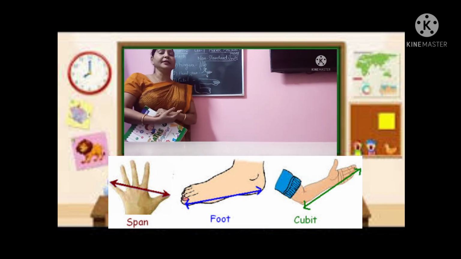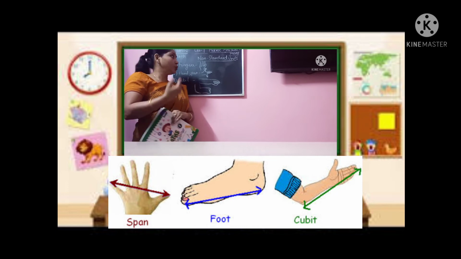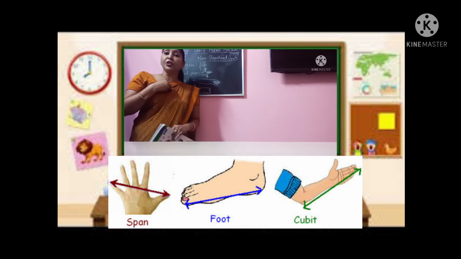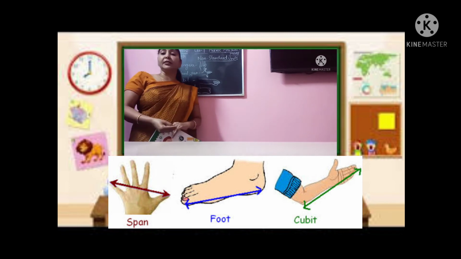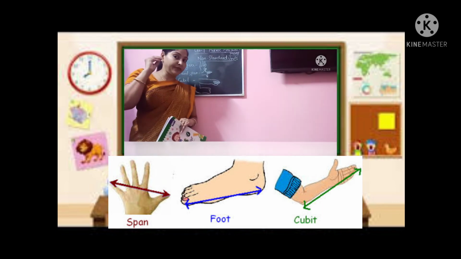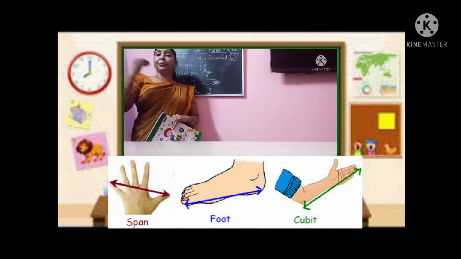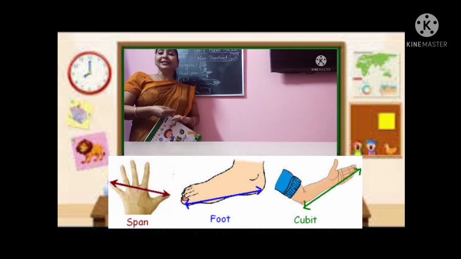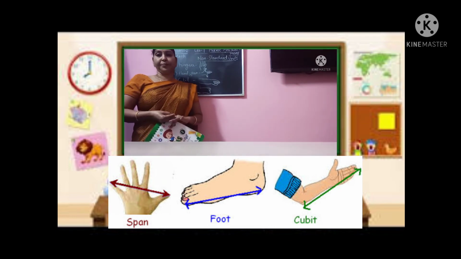which is why these non-standard units were discarded. Later on, to get the correct, accurate answer, whether I measure, you measure, or any other person measures, irrespective of the place, the person, or any other aspects, the answer should be the same.